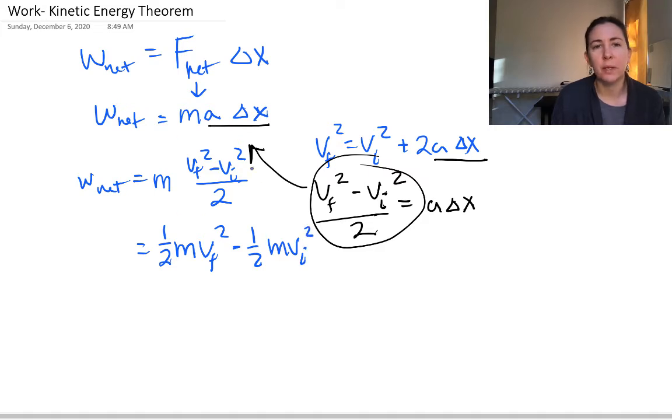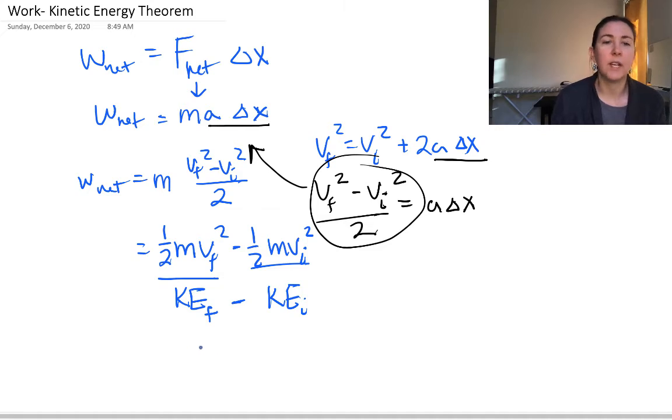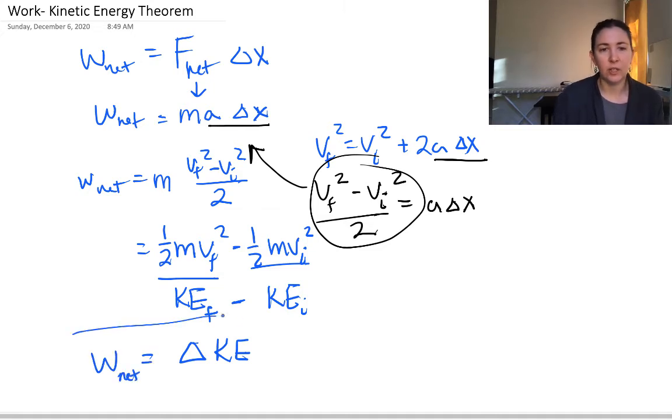I just multiplied this all out. Okay, this is the final kinetic energy, and this is the initial kinetic energy. So if I take the final kinetic energy subtracted by the initial kinetic energy, that is just the change in kinetic energy. So the net work done is the change in kinetic energy.